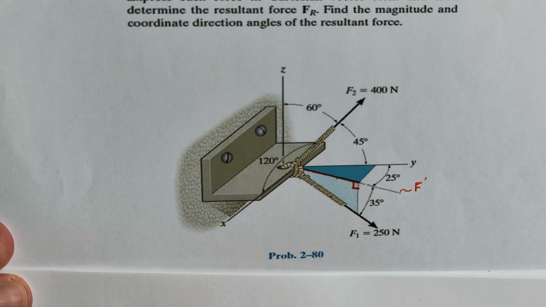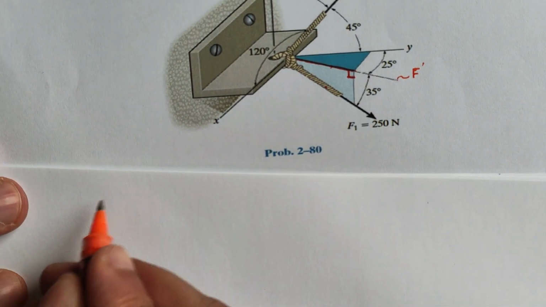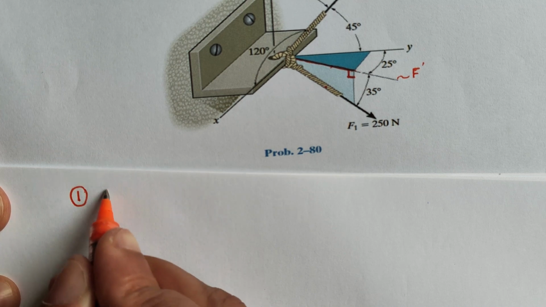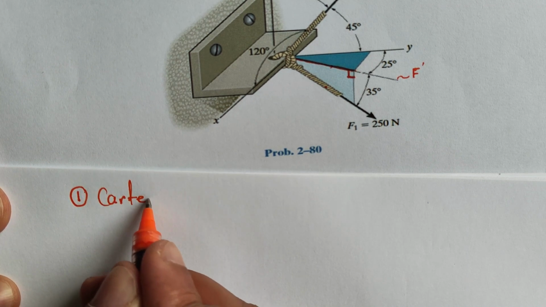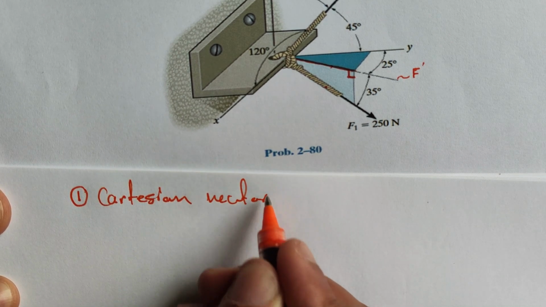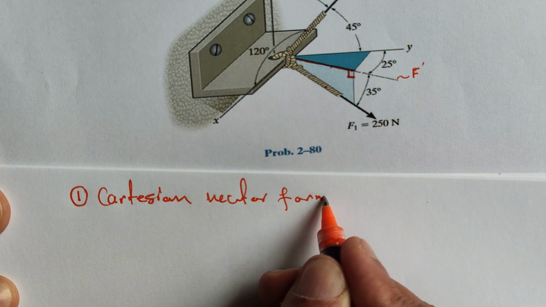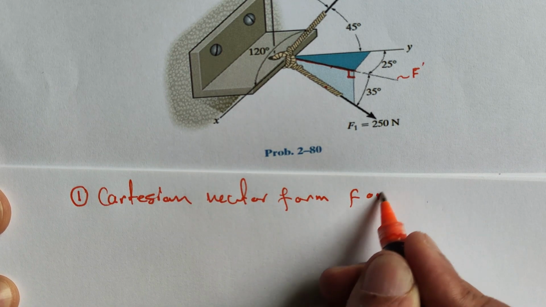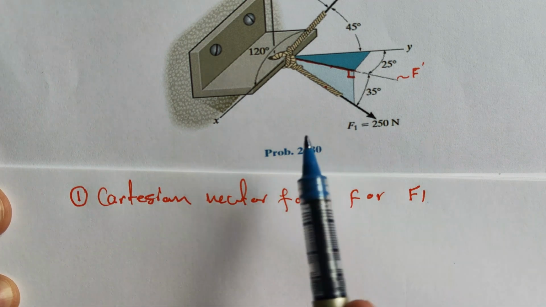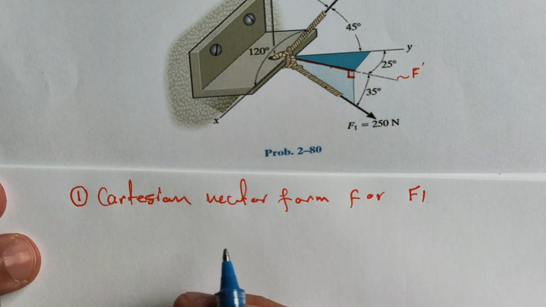So the first thing the question is asking us to do is the Cartesian vector form for F1, and to do that we need to find F prime.